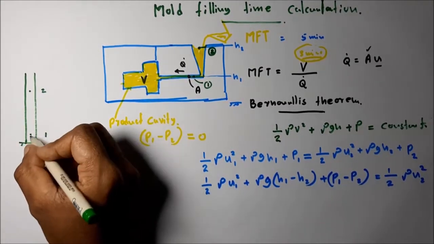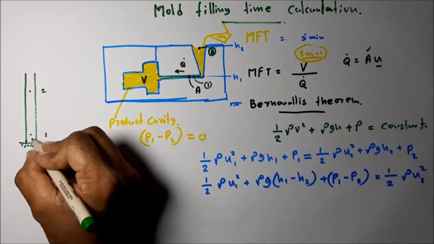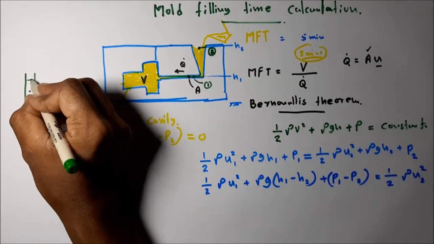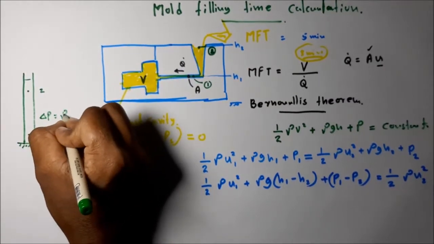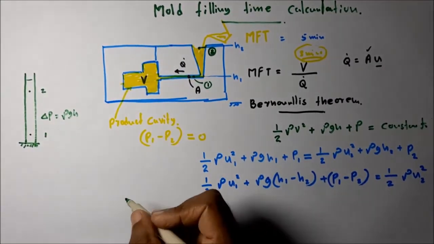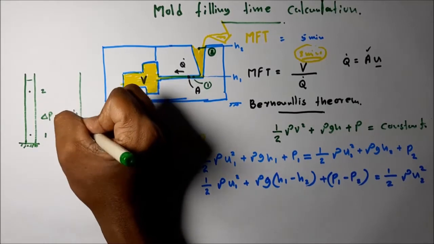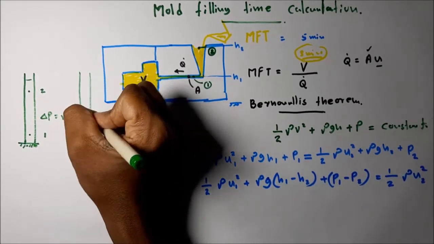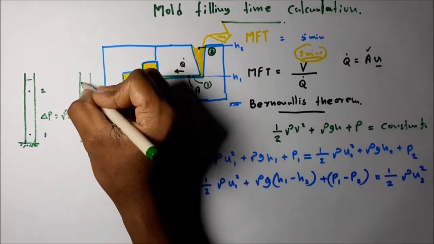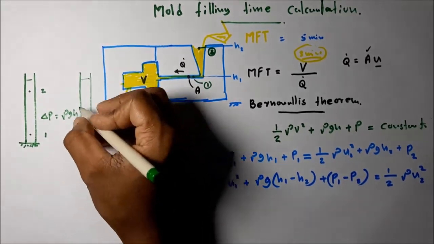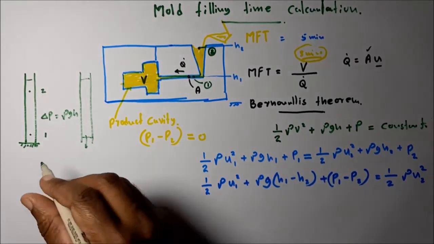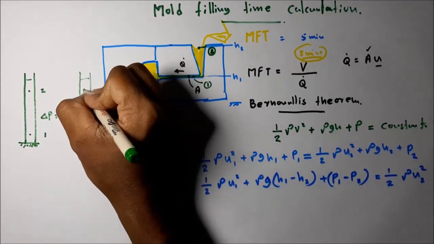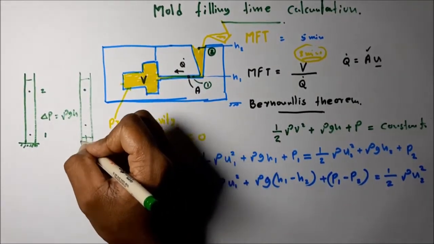In static condition there is a pressure difference, delta P equal to rho g h. But if we open the bottom, what happens is a free falling water column. There should be no pressure difference between the two points because it is free falling.